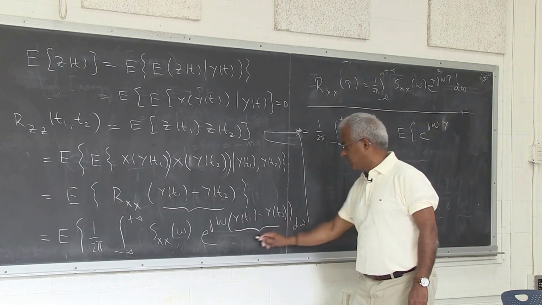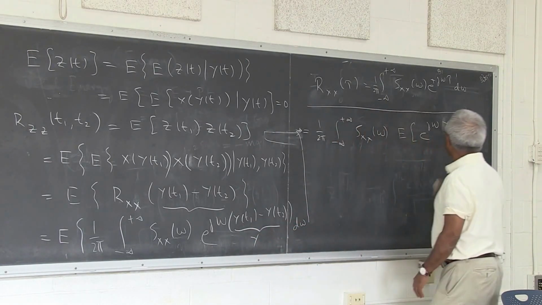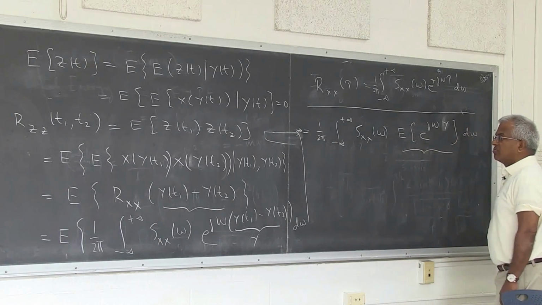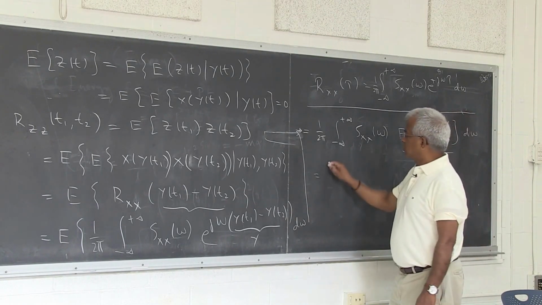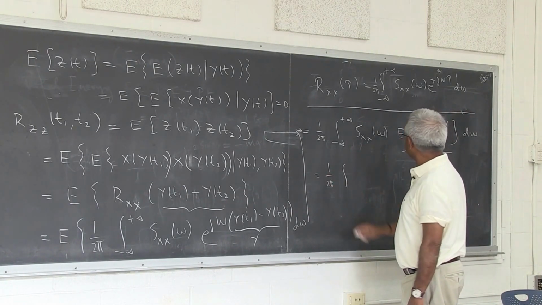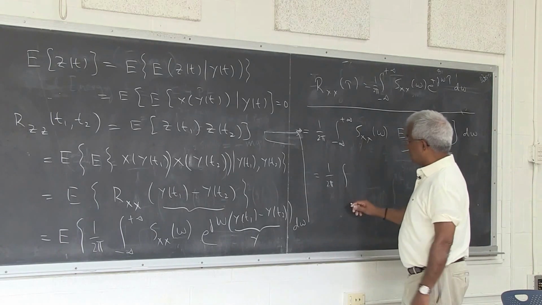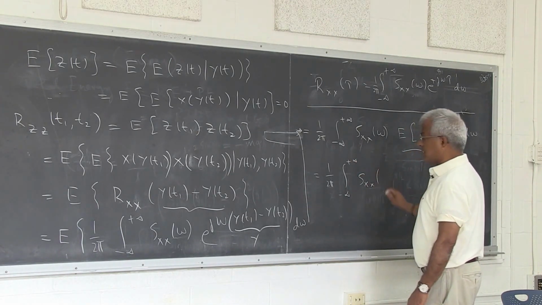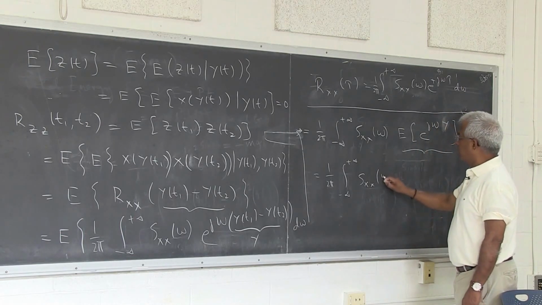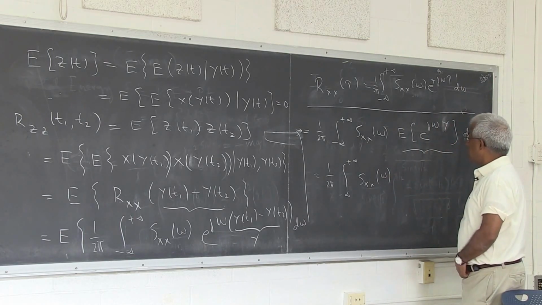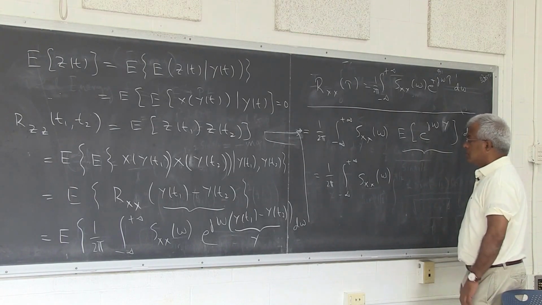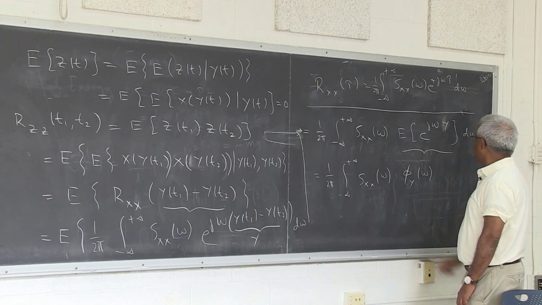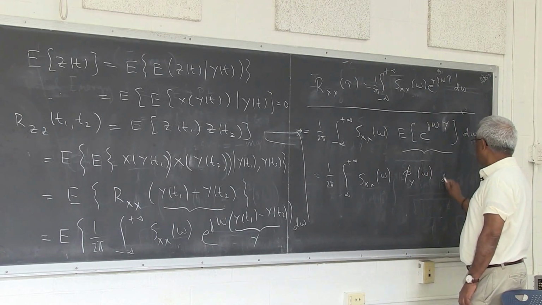I'm going to call this for now as y, d omega. But notice that this is the characteristic function of this random variable y. So we could write this as the integral from minus infinity to plus infinity of sxx omega times the characteristic function of y evaluated at omega, d omega.